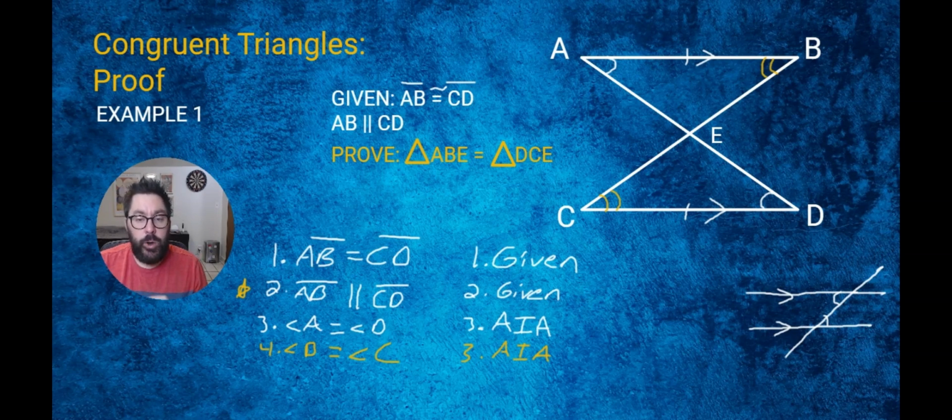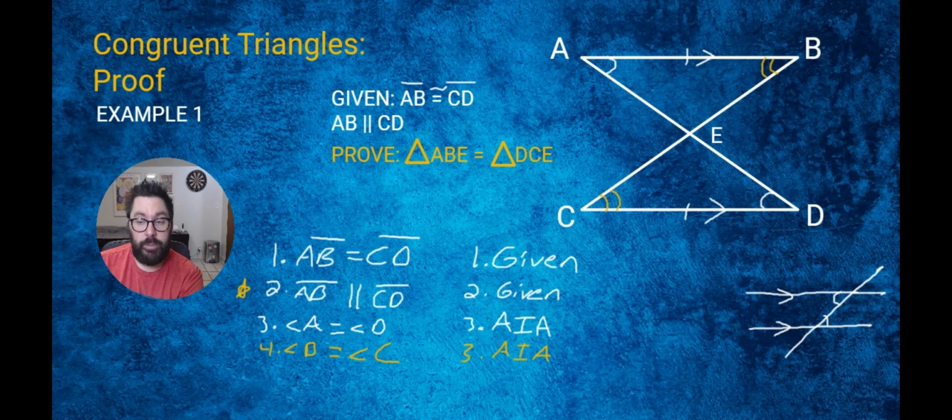Okay, so now at this point, let's see if we have enough information. Remember what we're trying to prove: triangle ABE is congruent to triangle DCE. So I'm just going to pick one of my triangles, I'll pick the one up top, and let's look at the information that we have on our picture.